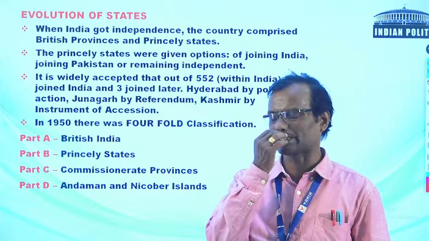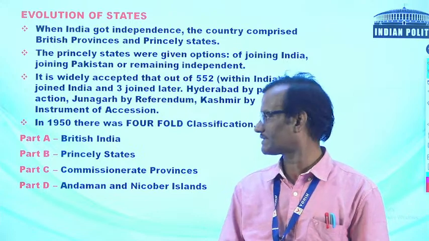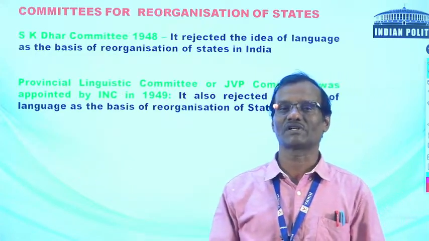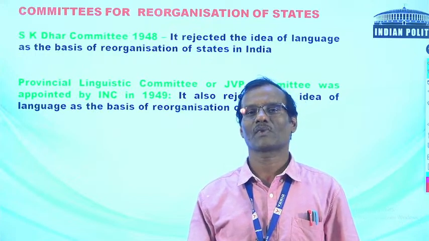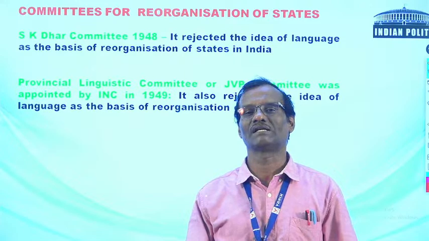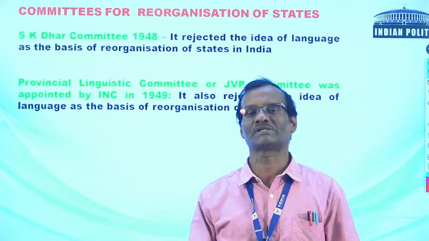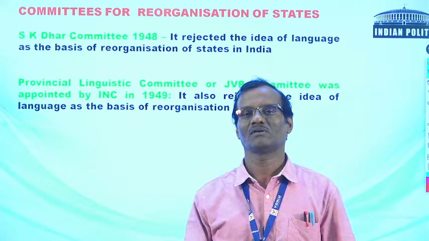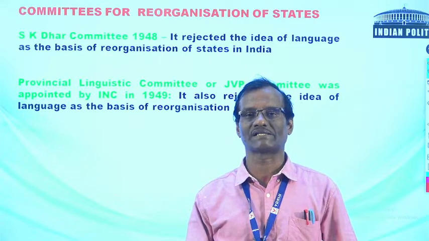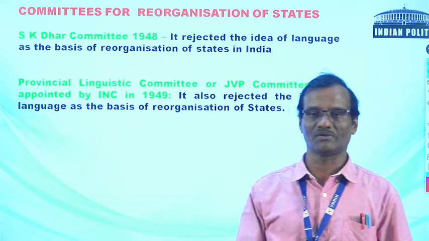Part B states dealt with the princely states. As I have noted, you can see it on the screen also. Part C states dealt with commissionerate provinces. And Part D states dealt with Andaman and Nicobar.